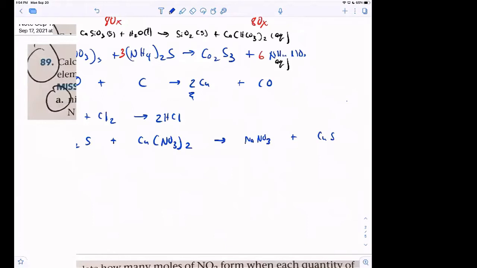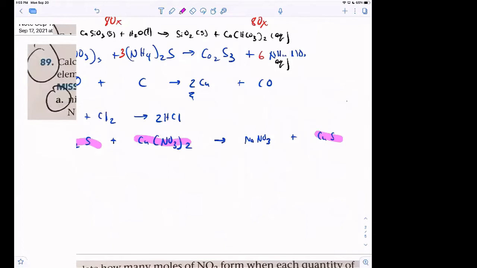Start with the easy one, sulfur. Sulfur is one atom over here, one atom over there, only in one compound. So we can go ahead and balance that. We can set the ratios there as 1 to 1. Same thing with the copper. There's one copper here and there's one copper here. So I can just go ahead and lock in that ratio.